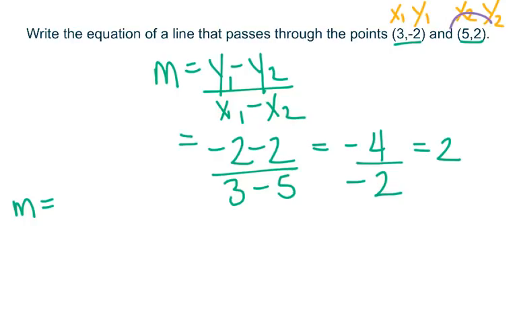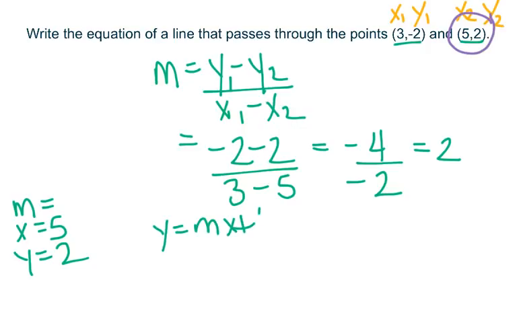I tend to like going with one that doesn't have any negative numbers, so I'm going to use x equal to 5 and y equal to 2. So I'm going to go ahead, write out my y equals mx plus b, and substitute again. So this would be 2 equals 2 times 5 plus b.